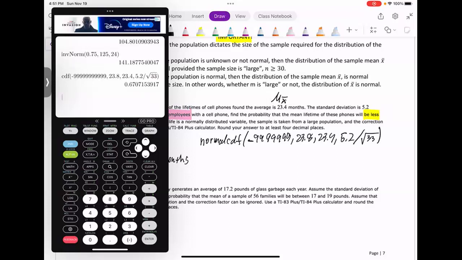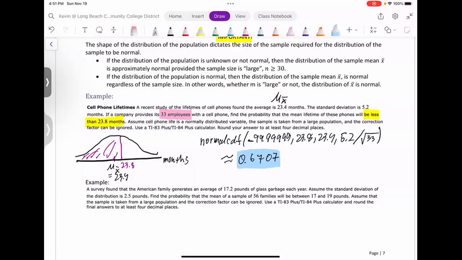There it is. 0.6707. Again, because we have a sample of 33 employees in this case, our standard deviation gets hit. We have to divide by the square root of that.